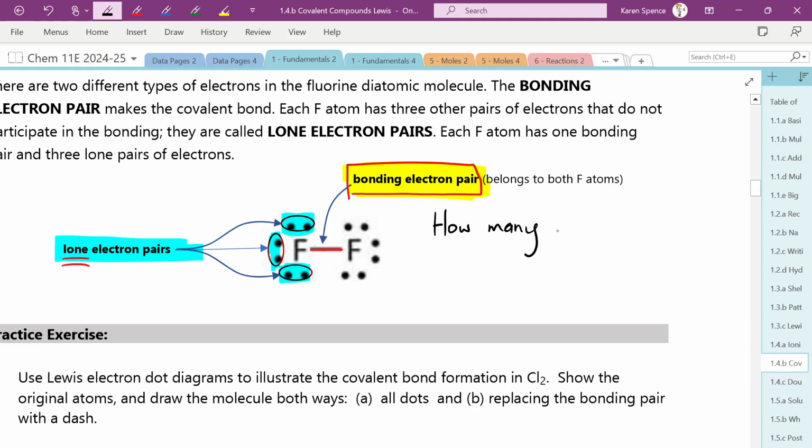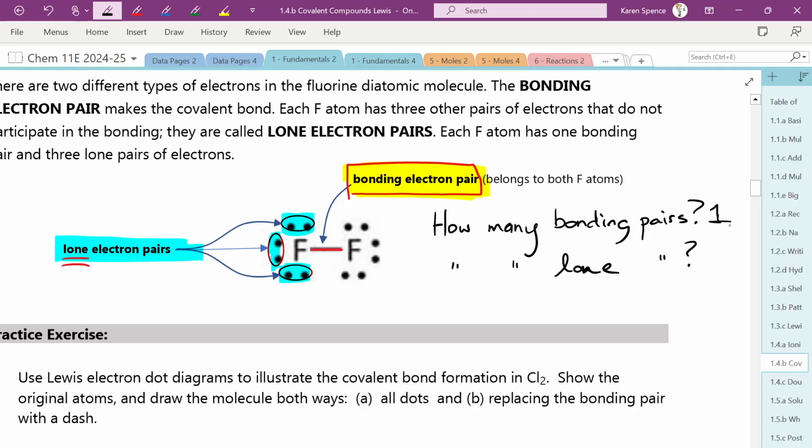How many bonding pairs do we have? Just one. And how many lone pairs? And if I ever do that and I just put those little dits, it means the word above, right? So you've got how many lone pairs, because I'm lazy and it saves writing, okay? How many lone pairs?